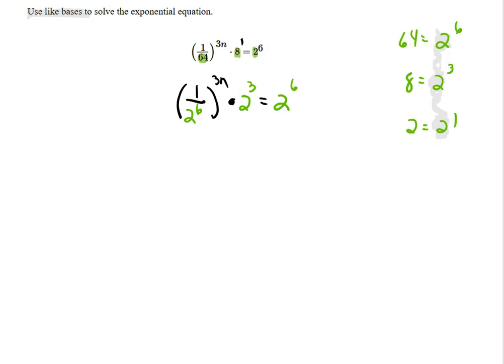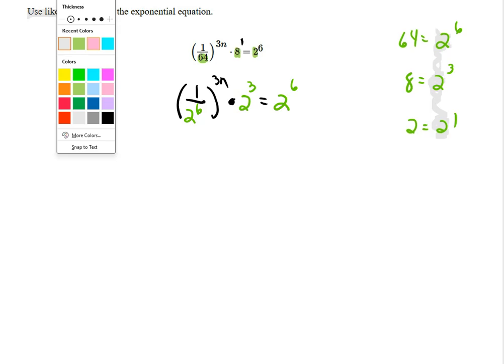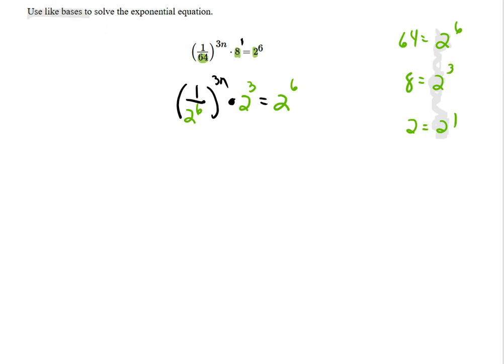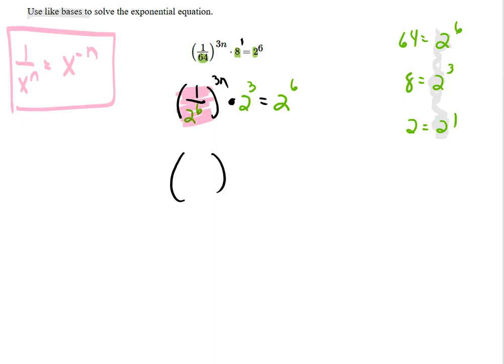Now, I am going to have to use that rule that says if you have 1 over x to the n, that's the same thing as x to the negative n. So instead of 1 over 2 to the 6th, I'm going to make this 2 to the negative 6th raised to the 3n.